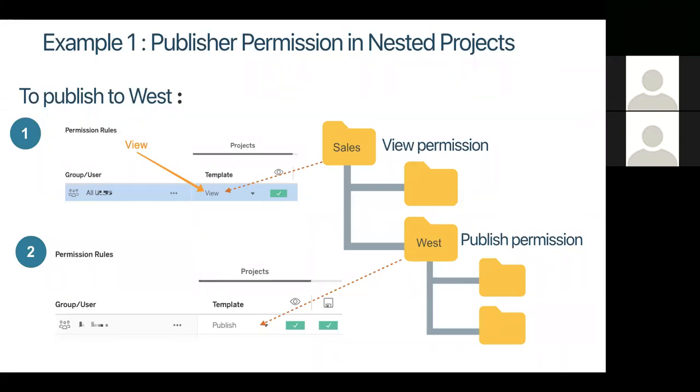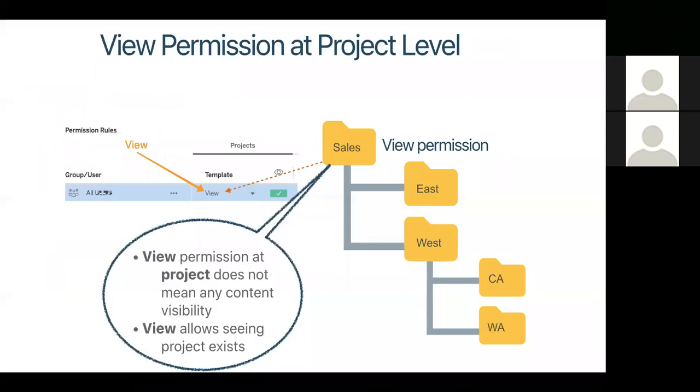Now, I know you have a question about the view permission. What is a view permission at a project level? Here's what you need to take away. Two points. One is that view permission at a project level does not mean any content visibility.